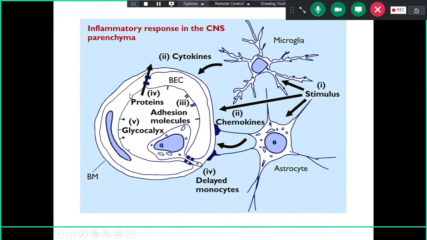This will be clear from this picture. We have the endothelial cells, and then the basement membrane of the endothelial cells. Then you have the astrocyte, the pedestal foot end of the astrocyte, and the microglial cells will also be touching this, and some of the neuronal tissue will also be touching this.